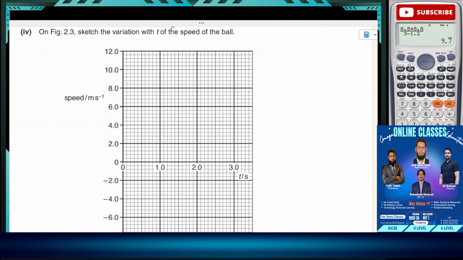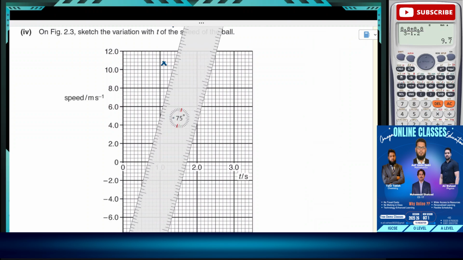not be used. So from 0 till 1.1 second, the speed increased all the way to 10.8. So at first we have to join these 2 points.